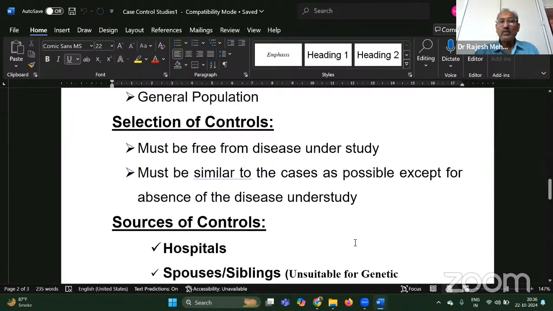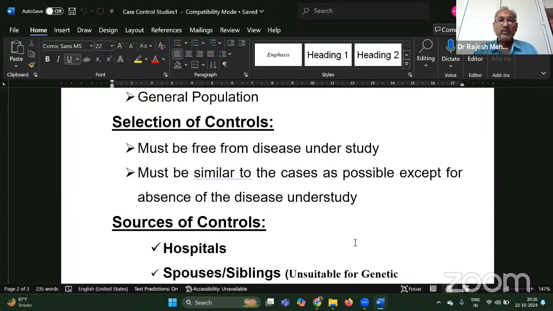Selection of controls: the person should not have that disease or that outcome which you're going to study. And as far as possible, the rest of the criteria should be as close as possible to the patient, age-wise, or let's say social condition, occupation, wherever possible.